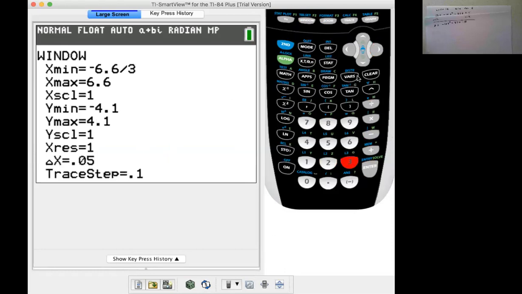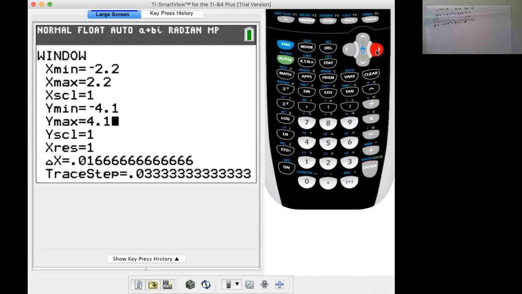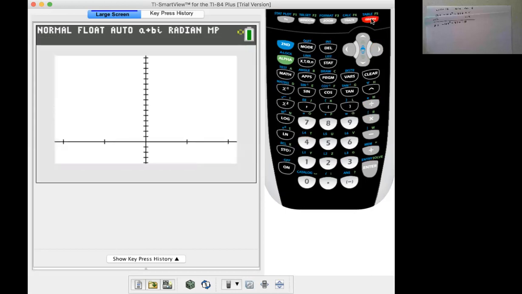So I'm going to cut the x in half. And I need a whole lot more y. So I don't know, maybe multiply the y by 4. Let's see what that graph looks like. Okay, that's pretty good.